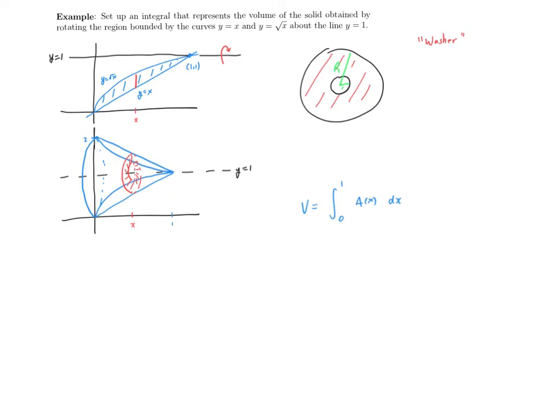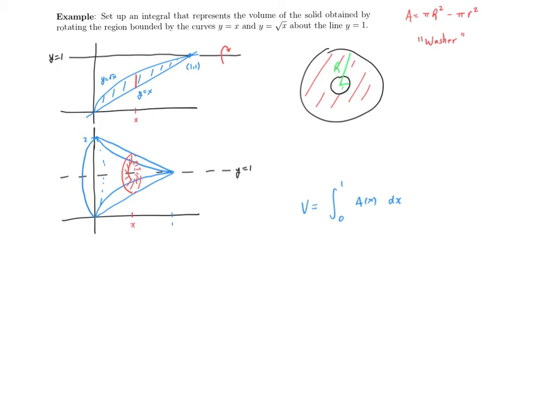And in general, the area of this washer, and I'll put this to the side, would be the area of the larger circle, pi R squared, minus the area of the smaller circle, pi times little r squared. And in our picture, we need to determine what is going to play the role of little r and what is going to play the role of big R.